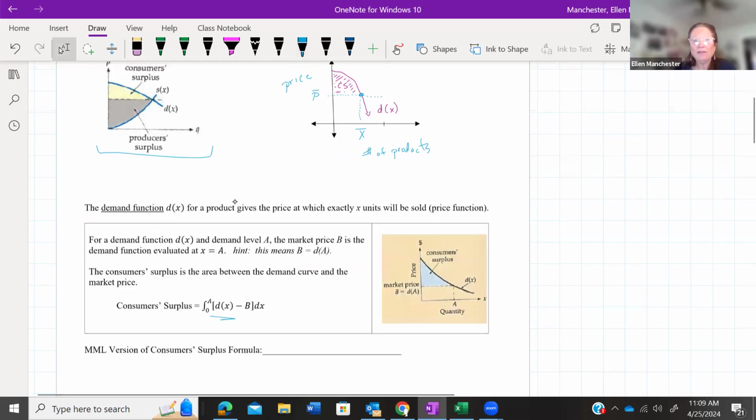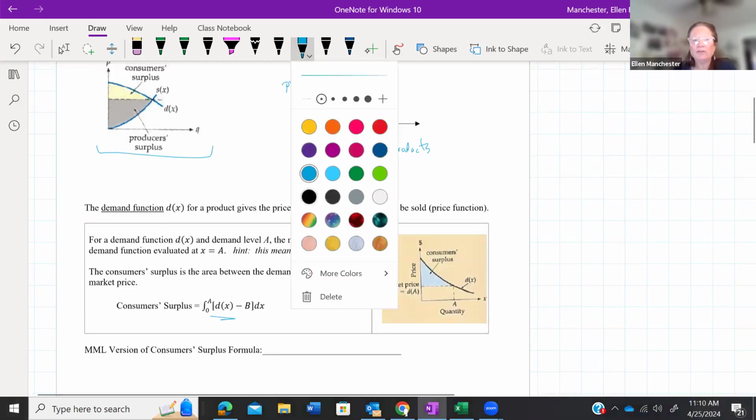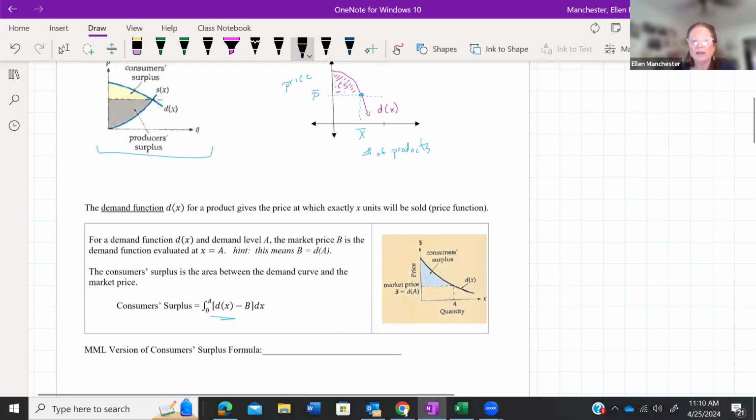So the MyMathLab version of the consumer surplus function is: consumer surplus goes from 0 to the number of products, of the demand function minus the price.